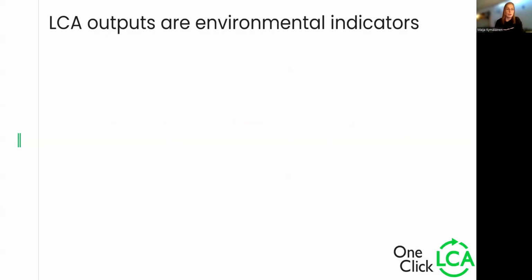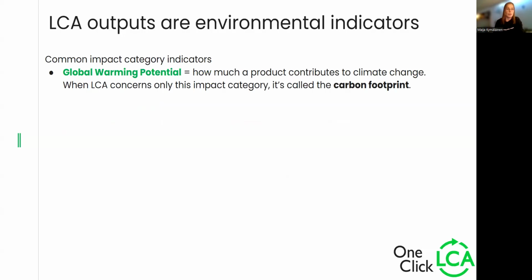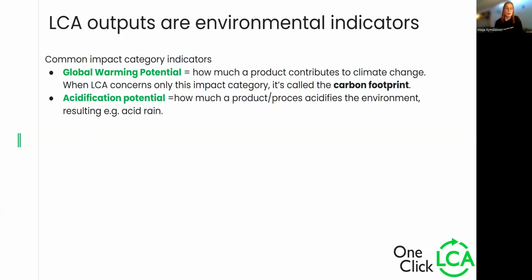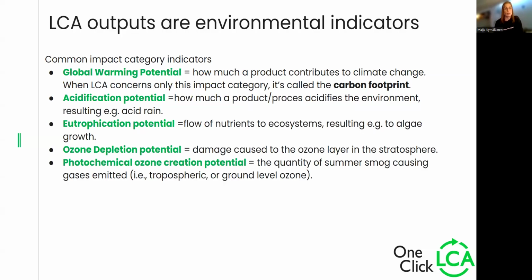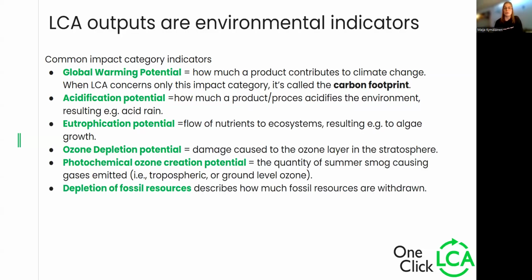Yep, and there are some common impact category indicators. So we have global warming potential, so how much a product contributes to climate change. And when LCA concerns this impact category only, it is also called the carbon footprint. Then we have acidification potential, eutrophication, ozone depletion, photochemical ozone creation, and depletion of fossil resources.